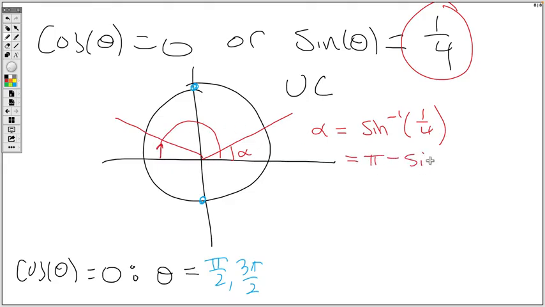So pi minus that. So those would be the 4 places. Whoops, these are thetas then. So theta would be this, and theta would be that. So these are the 4 places where dy d theta is 0.